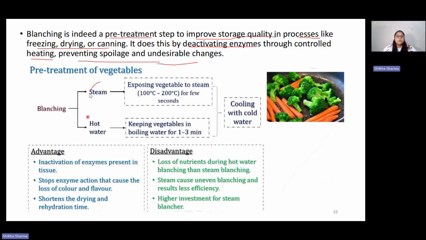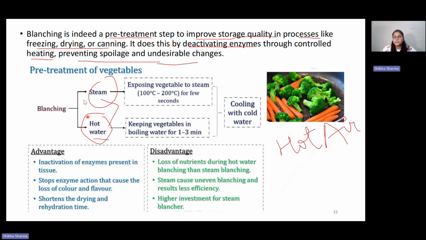Blanching is done using steam and hot water, and when we do it with water or steam, it is known as wet blanching. Sometimes we do it with hot air, which is called hot air blanching.